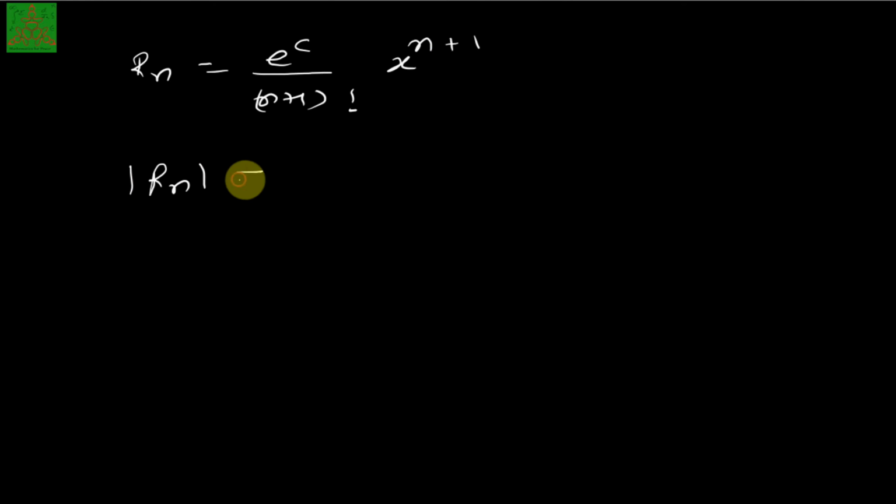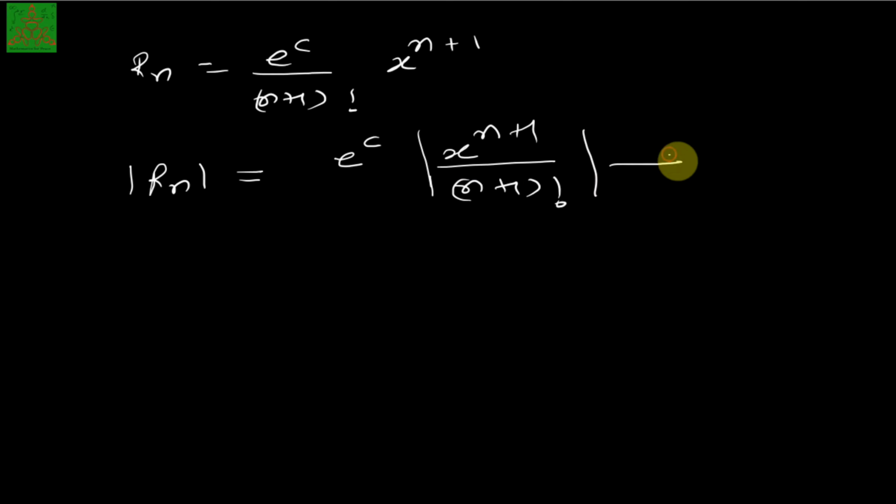The modulus of Rn is nothing but, as e power c is always positive, mod of x raised to n plus 1 upon n plus 1 factorial. That will tend to 0 as n tends to infinity. The argument that x power n upon n factorial tends to 0 as n tends to infinity I already gave in the previous example. So that's why this Rn will tend to 0 as n tends to infinity.